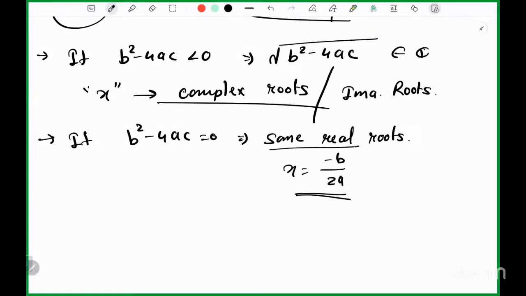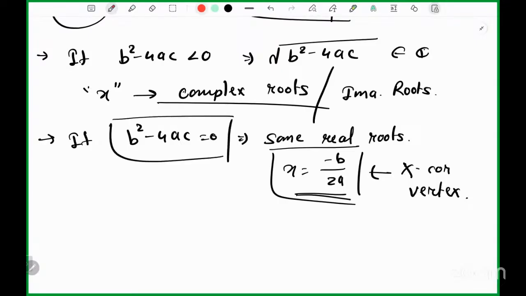This is nothing but the x coordinate of the vertex, so the vertex is the only root of that parabola. In this scenario, an upward parabola will look something like this, and a downward parabola like this. It touches the x-axis at a single point; it won't cross the x-axis.